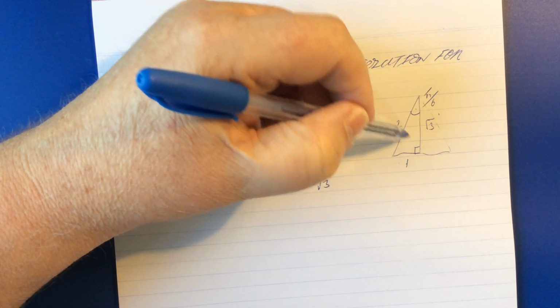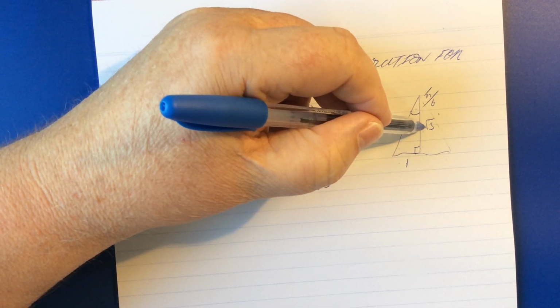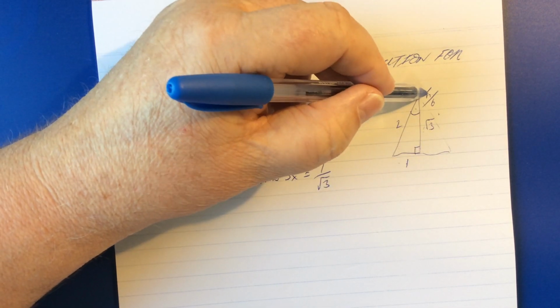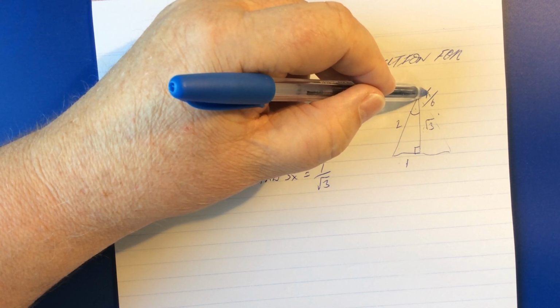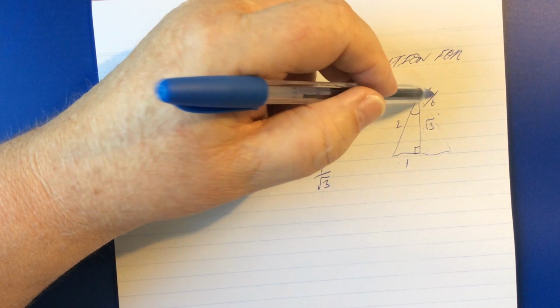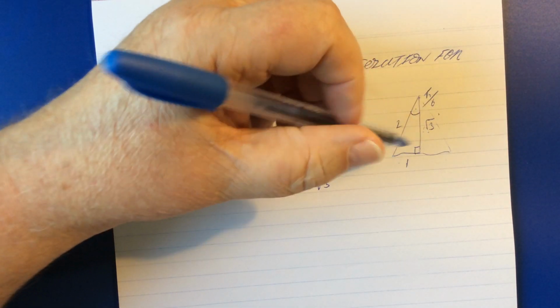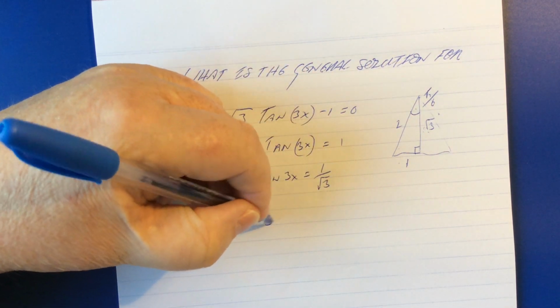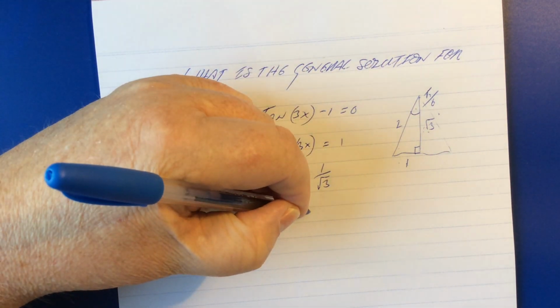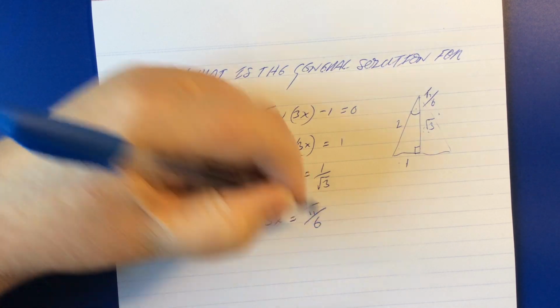Half of this gives us 1. Pythagoras gives us this value here. We want the tangent of this angle, or rather we have the tangent, we want the angle, but it's easier this way. The tangent of pi on 6 is 1 on root 3, so 3x is equal to pi on 6.